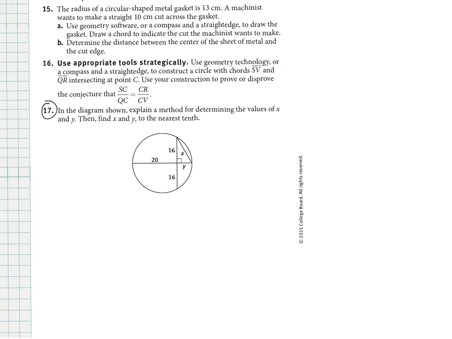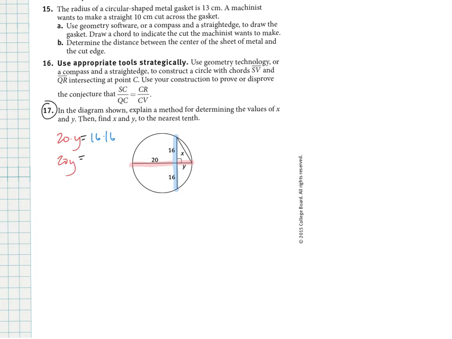So here's what I'm thinking. Based off of what we just learned, technically these are two chords, right? Couldn't we set up the chord product theorem? Couldn't we say 20 times y is equal to 16 times 16? Sure we could. So we have 20y equals, well, what's 16 squared?